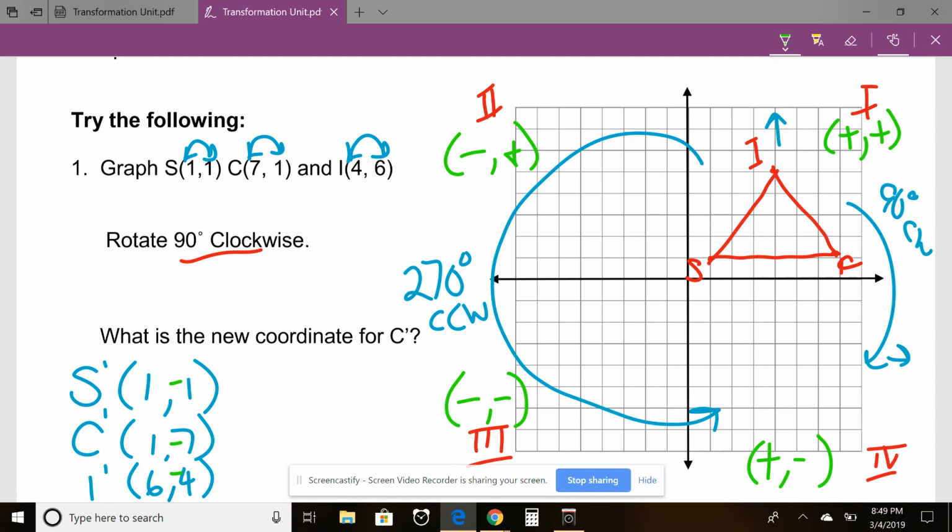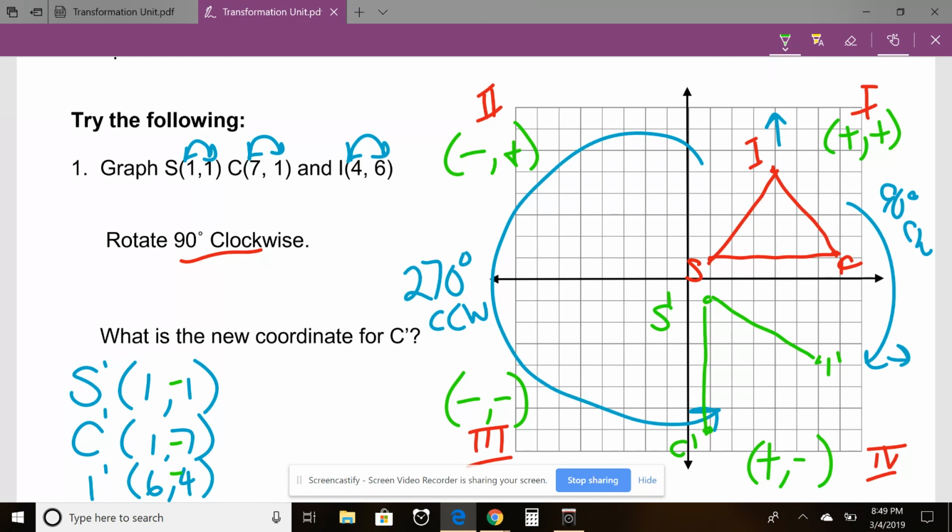And then I'm going to graph my 90-degree rotated figure. (1, -1) is S prime. (1, -7) is C prime. And (6, -4) is my I prime.